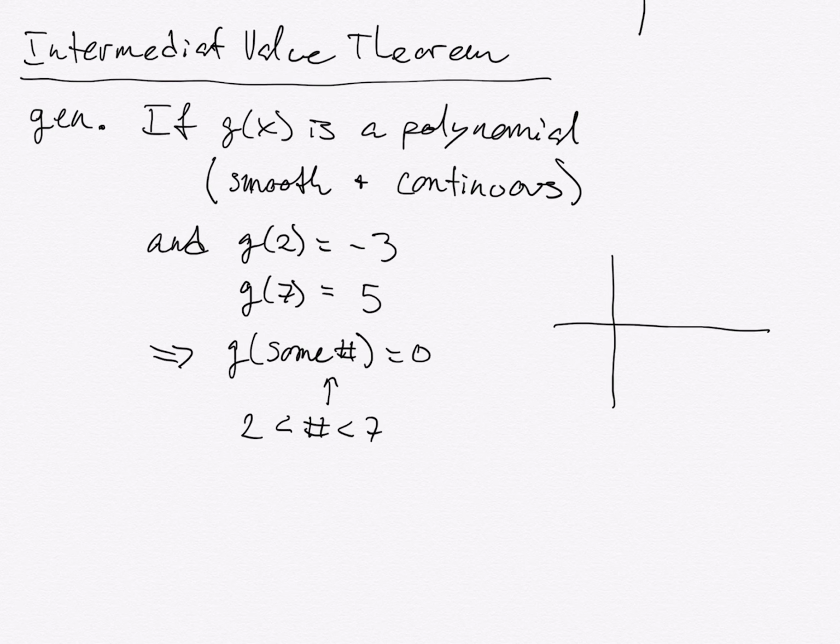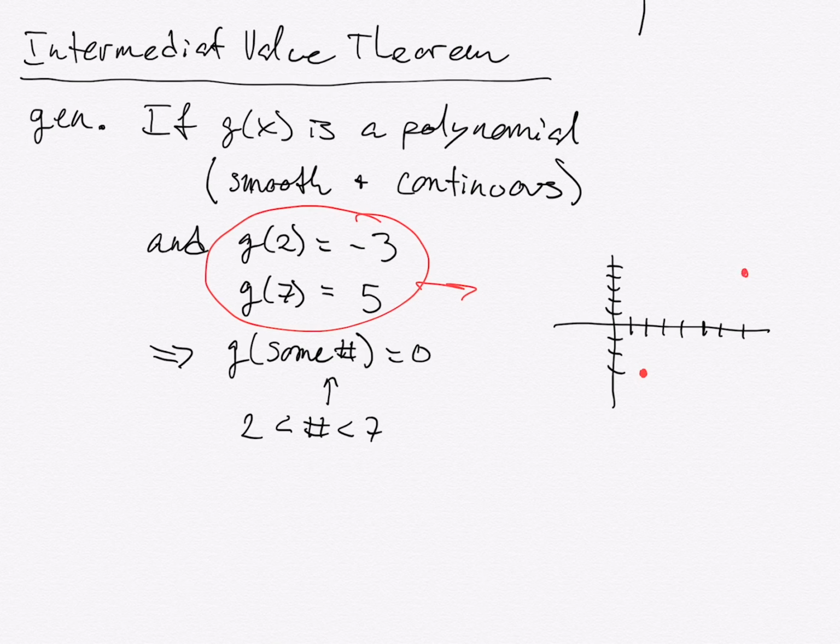X values of 1, 2, 3, 4, 5, 6, 7. Y values are going up to 5, and down to negative 3. I'm going to plot these 2 points. I'm going over 2 and down 3. There's my first point. Next point is at 7, 5, over 7, up 5.